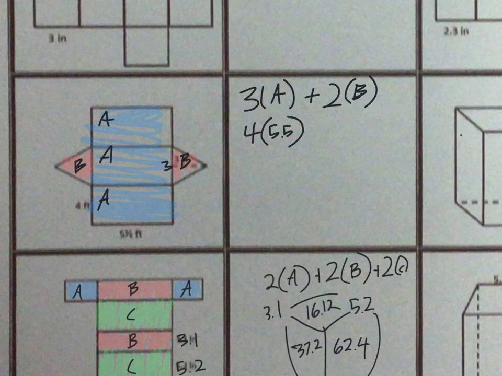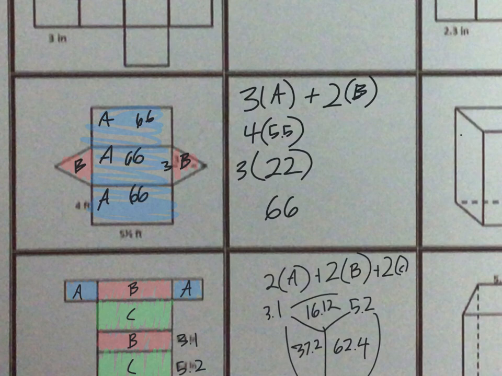Okay, so I'm going to get my calculator out and go 4 times 5.5. Oh, that's 22. So I am going to go 22 times 3, and I get 66. Okay, so for my A's, this is 66, this is 66, this is 66.